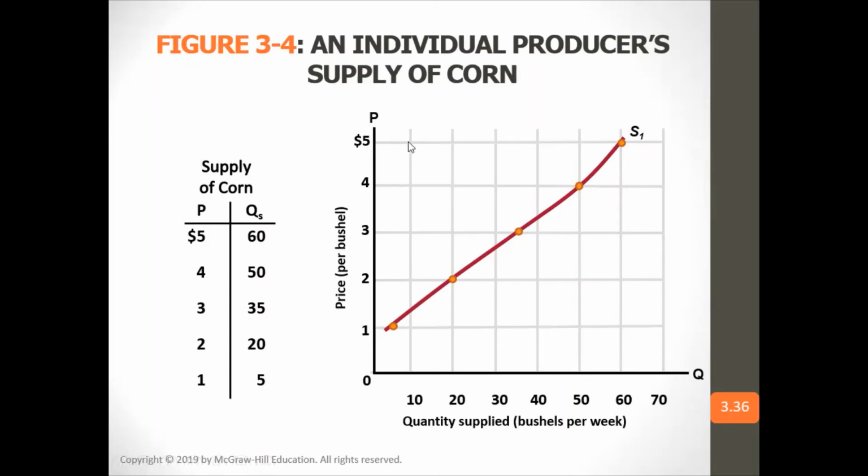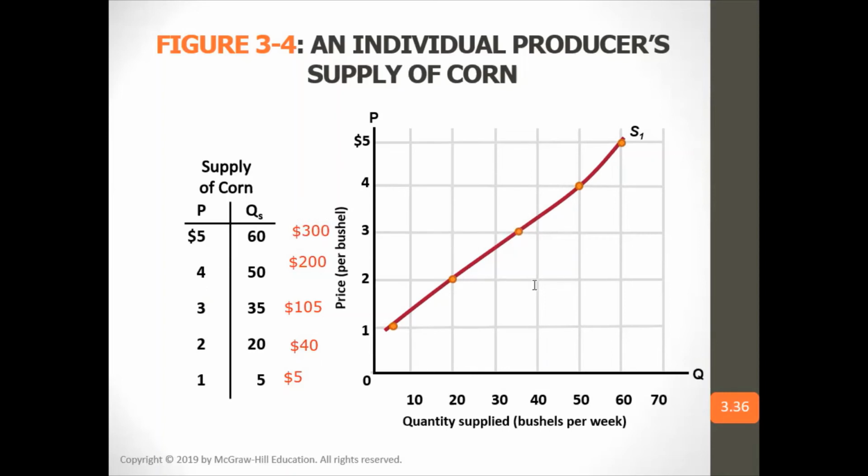So in this case, they'd make $5 when they supply 5, then $40 when they supply 20, then $105 when they supply 35, then $200 when they supply 50, then $300 when they supply 60.